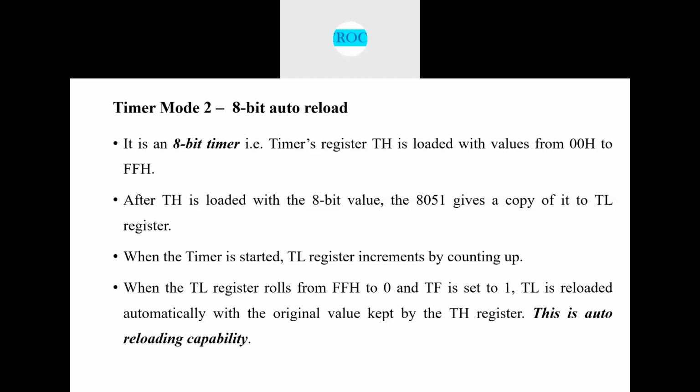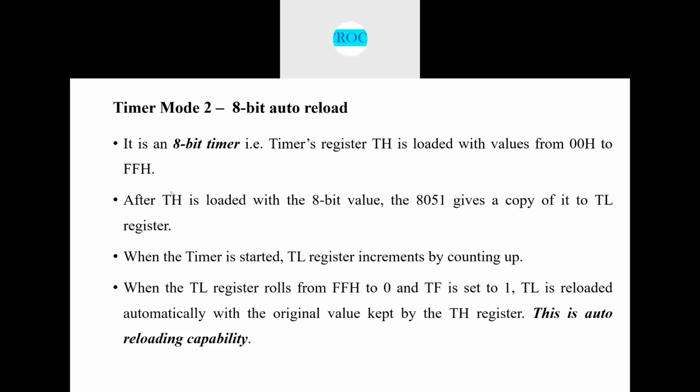As I said, mode 2 is an 8-bit timer, and the initial count value is loaded in the TH register, which is the higher byte register. Whenever the timer starts, the TL register keeps on incrementing until it reaches the maximum count.